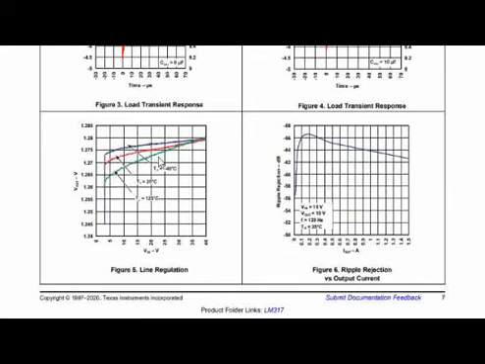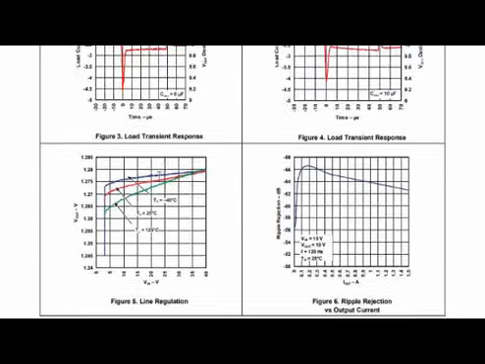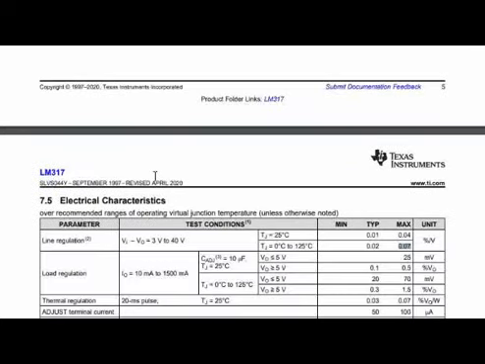When you intend to use it at specific temperatures, we have to look at the graphs to understand how the line regulation is behaving in the regulator before taking a decision. Generally, most people go ahead with the input voltage range and the output current, and mostly select on this.